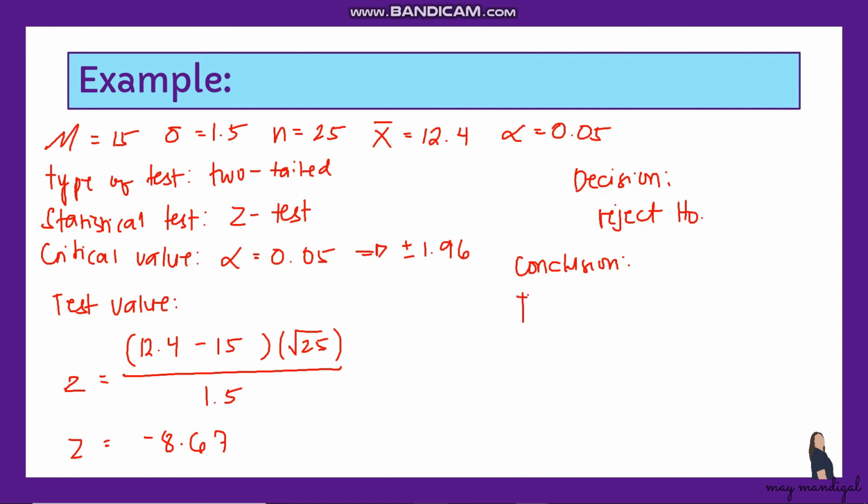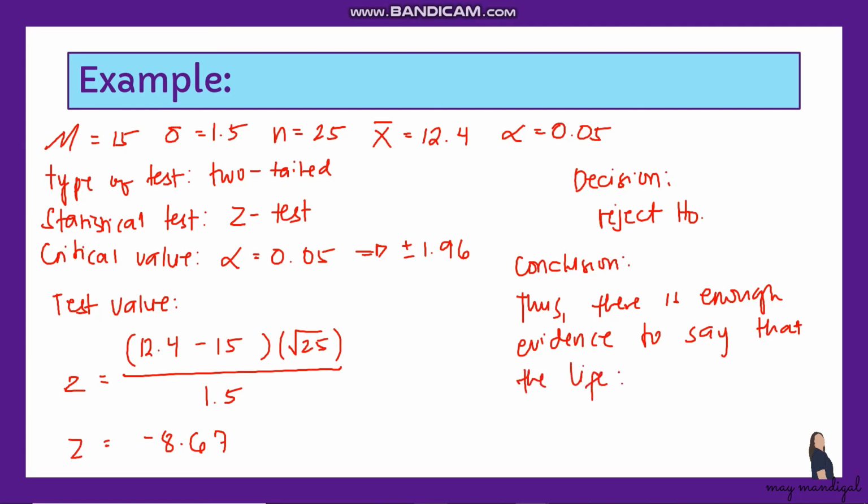So thus, there is enough evidence to say that the lifespan of cats is not equal to 15 years. Since we rejected our null hypothesis, that means our evidence is enough to conclude that the lifespan of cats is not really equal to 15 years.